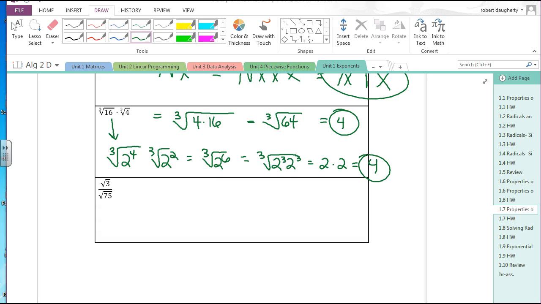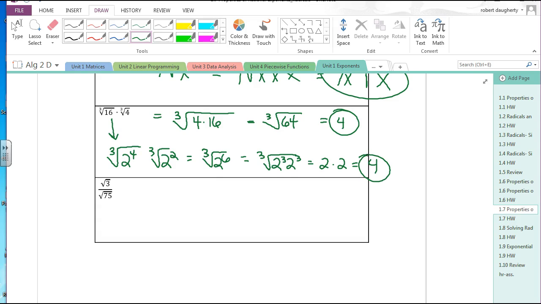I can't change it. I can't just divide it by 2. I'm changing the problem. I need to take the cube root of 64, so I can't divide it by 2 without changing the problem. Okay? Let's look at the next one.